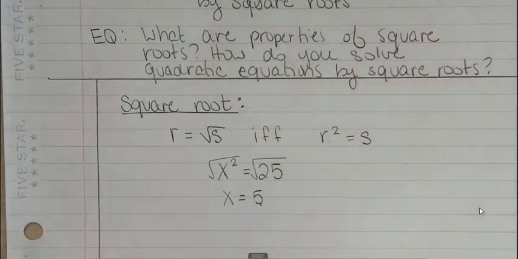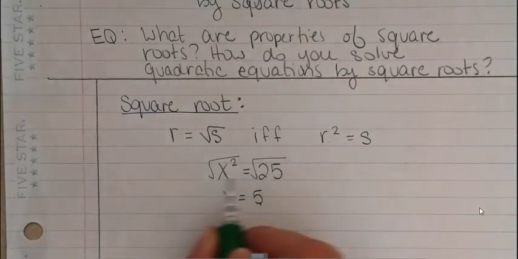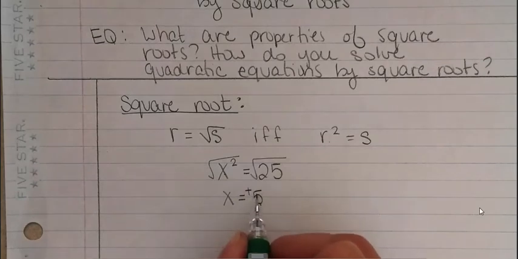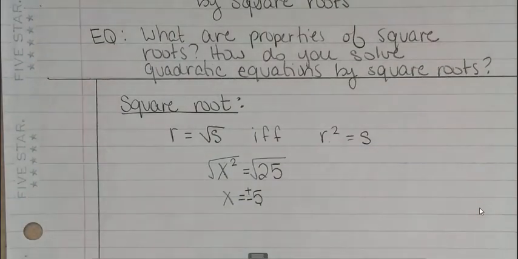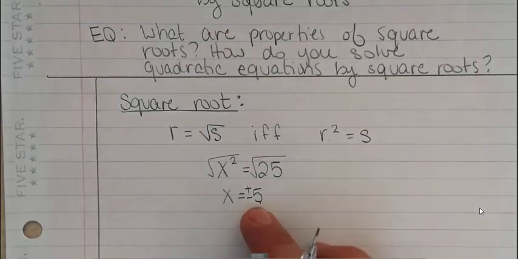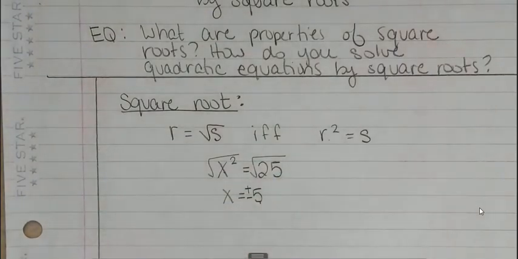There's another number, and hopefully you're saying to yourself, oh yeah, you could also square a -5 and get 25. So anytime you're solving this type of equation, you want to remember you're going to have two possibilities, two things that you could potentially square to get what you originally started with.